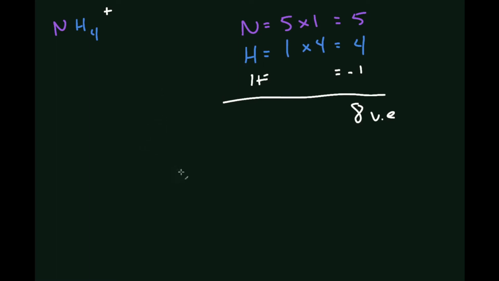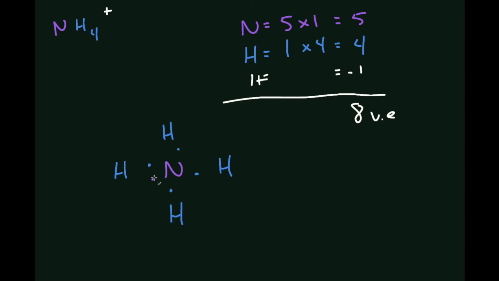Alright, so now we can start drawing this out. So we have nitrogen in the center, since there's only 1 of them. So you know that's your central atom. Now we'll surround it by hydrogen, hydrogen, hydrogen, hydrogen. So how many valence electrons does hydrogen have? So it has 1, hydrogen has 1, 1, 1. And then nitrogen, how many valence electrons does that have?